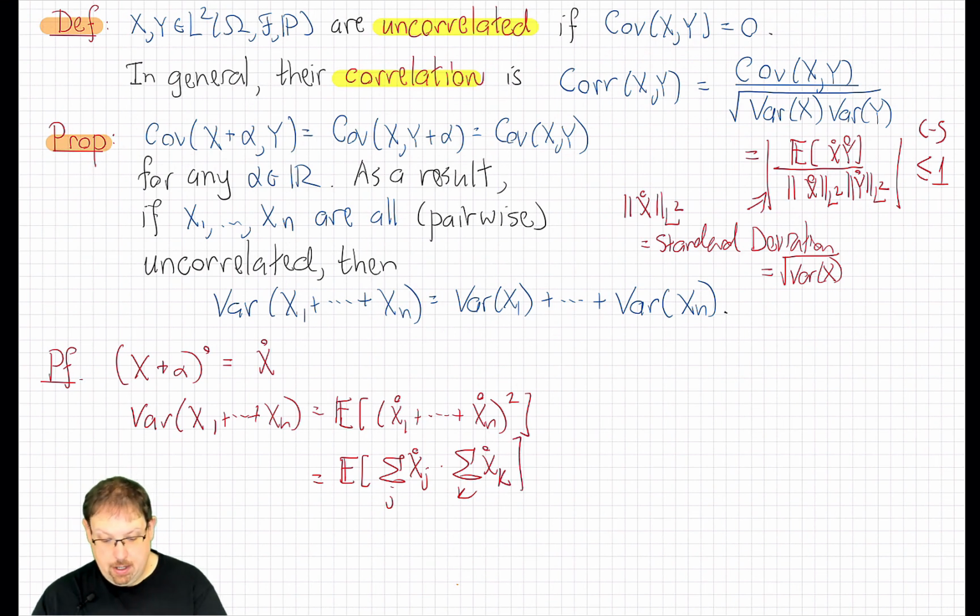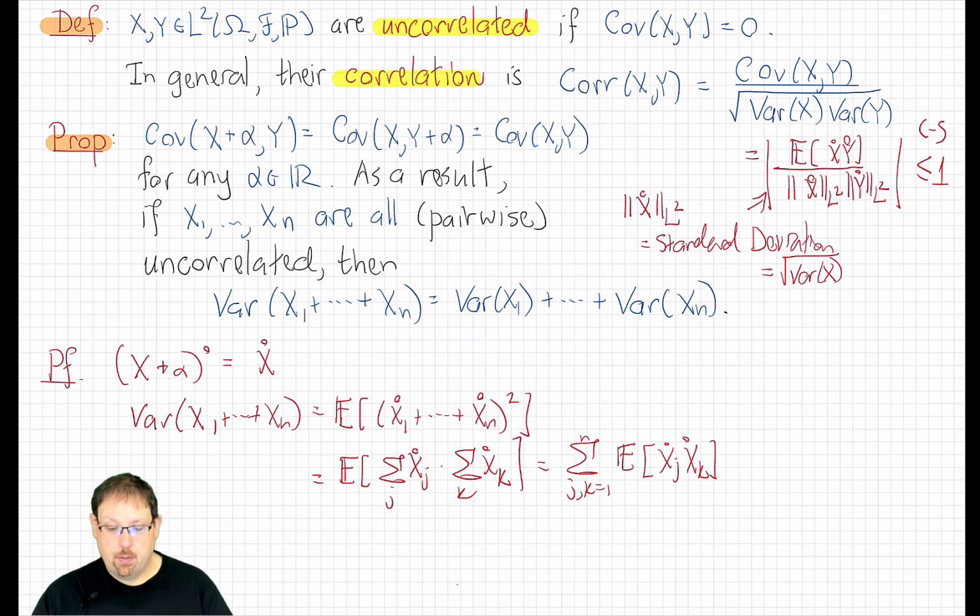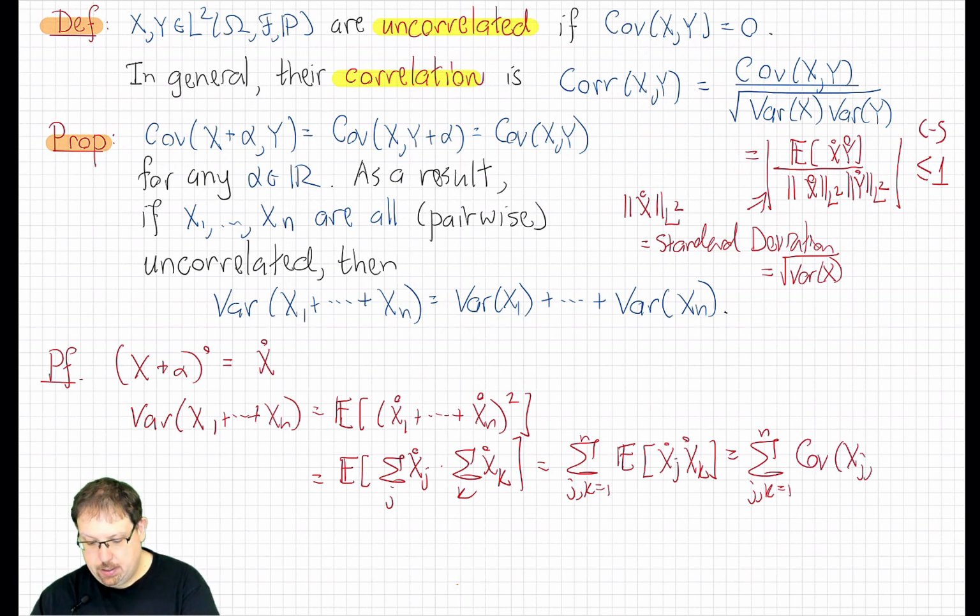And using linearity, I'll pull that double sum outside the expectation. In other words, this is the sum over two indices, j and k, of the covariance of xj with xk.